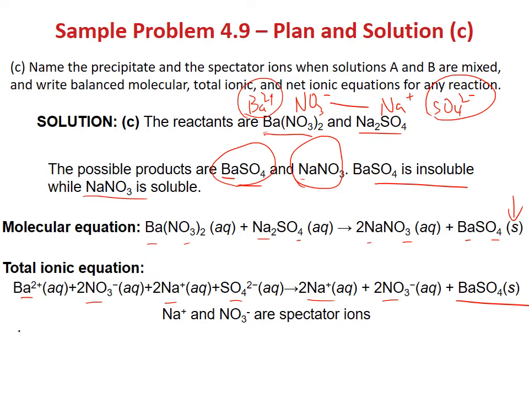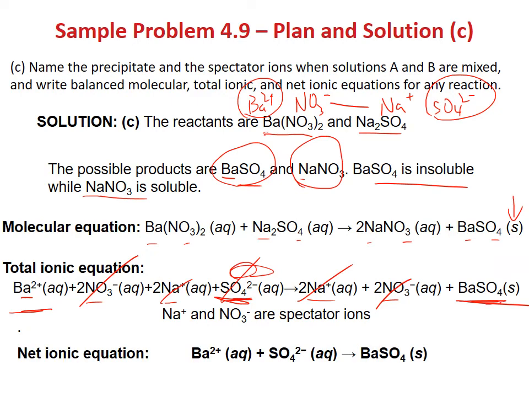Sodium is a spectator ion, and nitrate is a spectator ion, so two spectator ions. Then barium reacts with sulfate to form barium sulfate, and that will be the net ionic reaction.